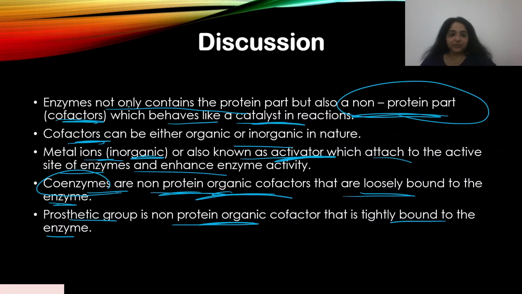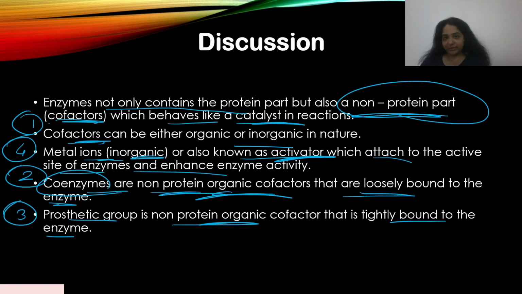So cofactor, coenzyme, prosthetic group: the definitions of these terms you need to remember. Also, the metal ions are known as activators, the inorganic part of the cofactor. For your sake, please note it down in your notebooks and study it whenever you need to.